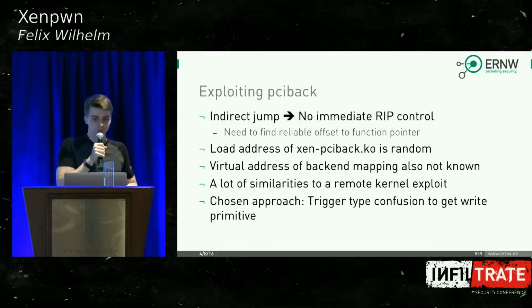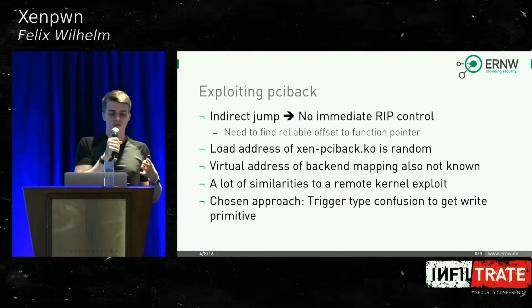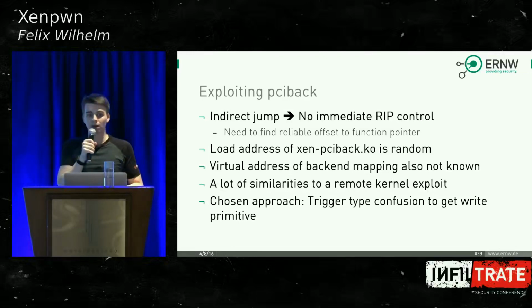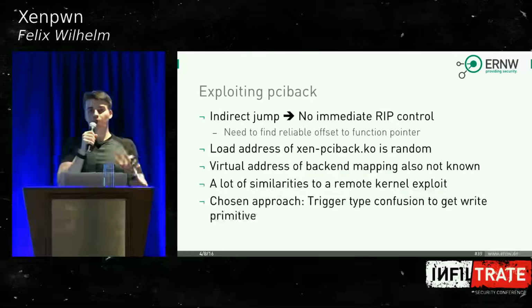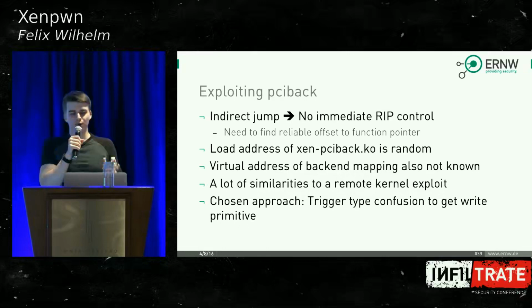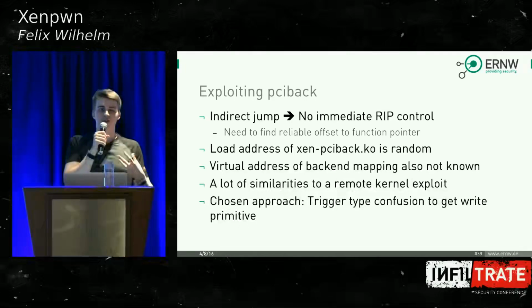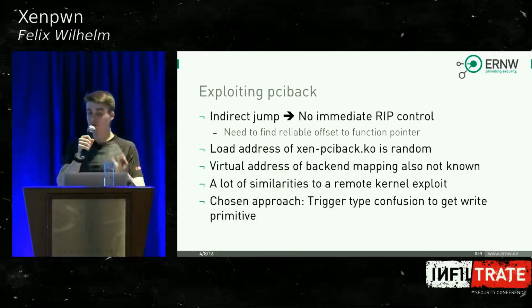So the problem is we don't get direct instruction pointer control because it's an indirect jump. So we need to find a reliable offset that points to a function pointer we can use. Normally, on all systems I looked at, this PCI back module is actually a kernel module, so it's not compiled into the kernel.